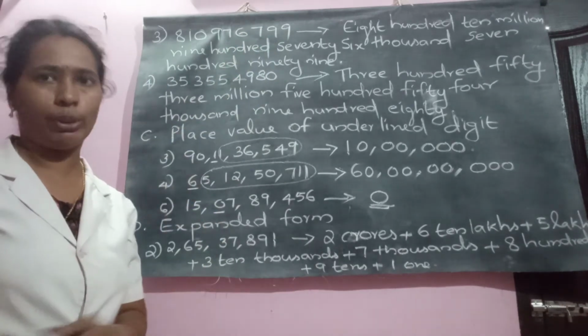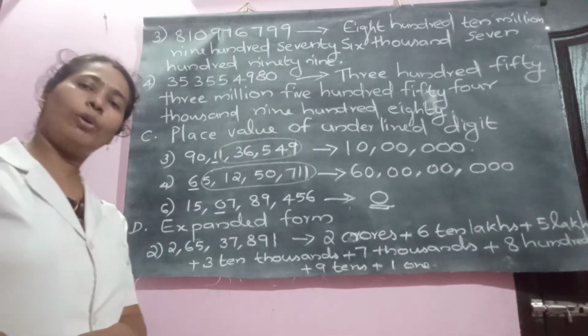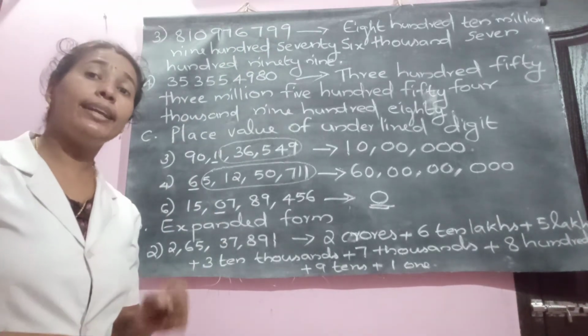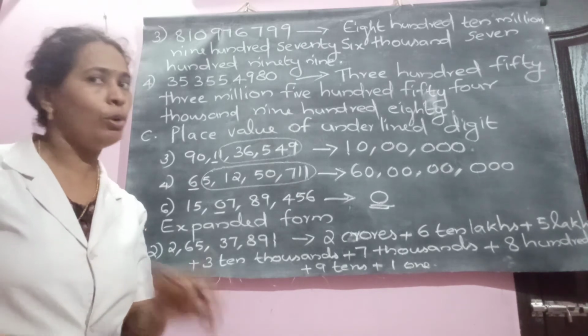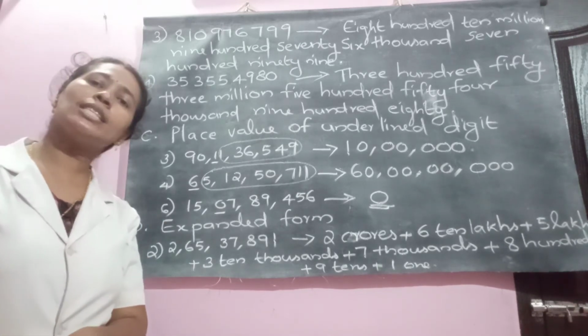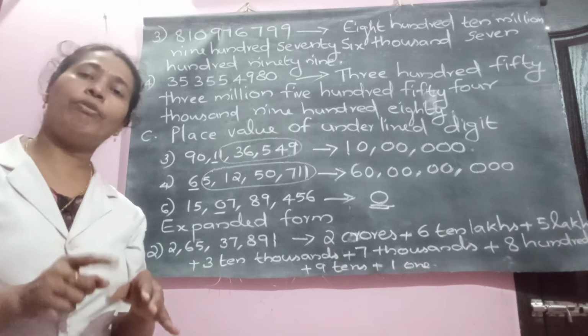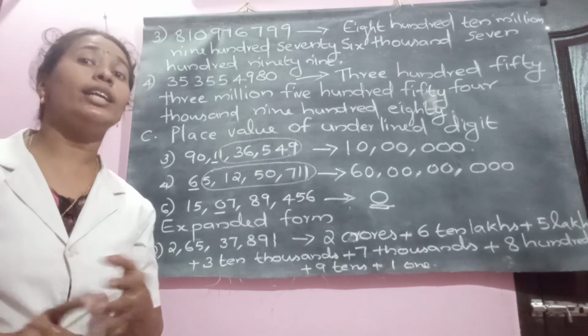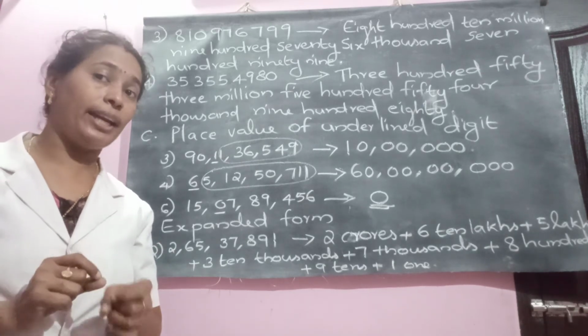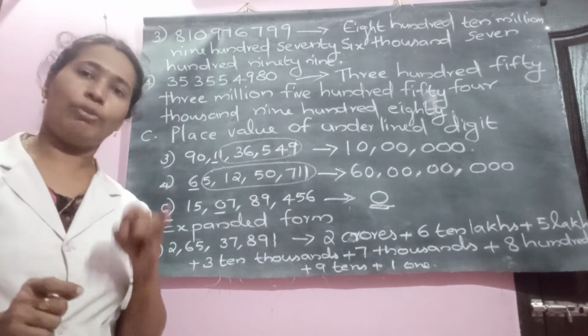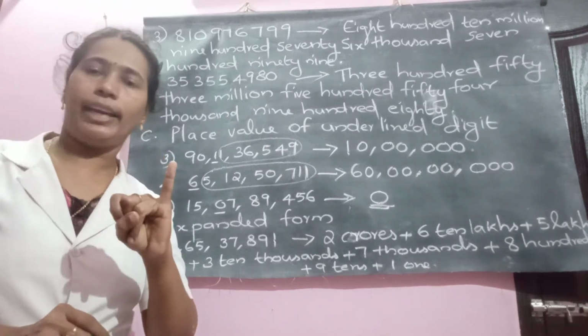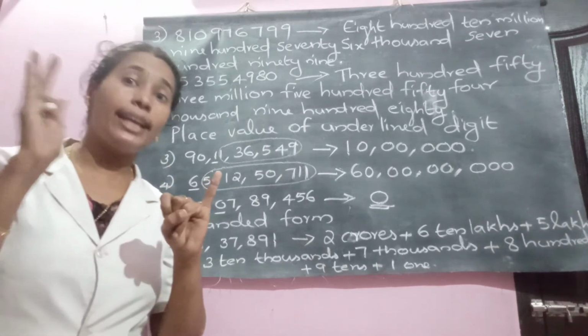Okay, let us begin. The question is 810976799 is given to us. We have to mark commas according to international system of numeration. International system of numeration means every period has 3 digits. First period is ones period. Ones period has 3 digits.